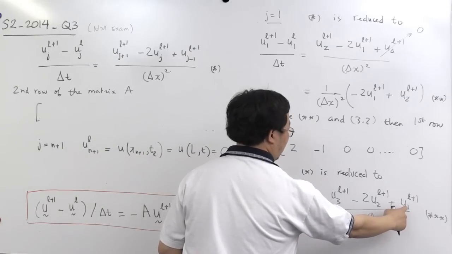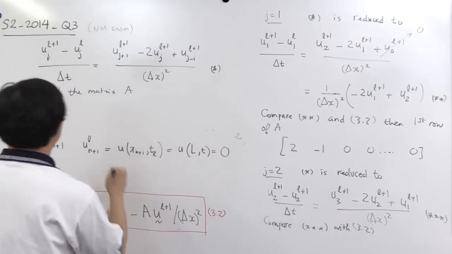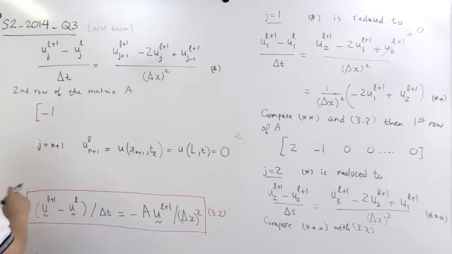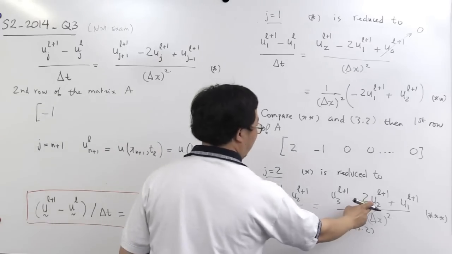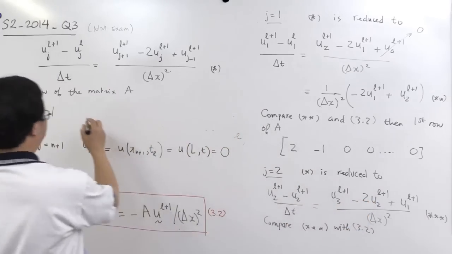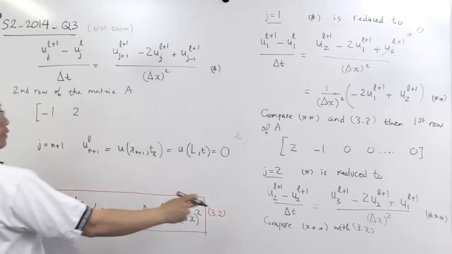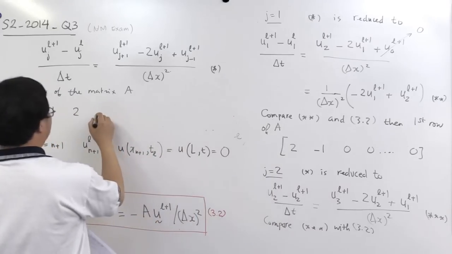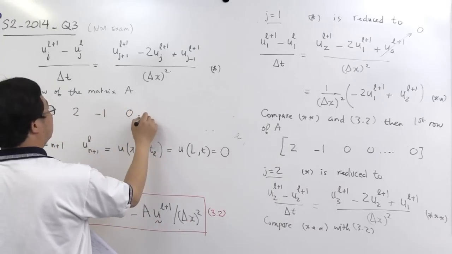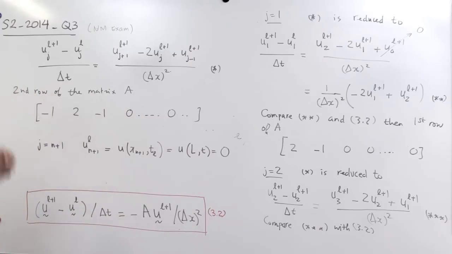The coefficient in front of U1 is plus 1, but we have a minus here, so we would have a minus here. The coefficient in front of U2 is minus 2, and there's a minus here, so we just put 2 here. And for U3 it's a minus 1 here, and the rest is just equal 0. So this is the second row of the matrix A.